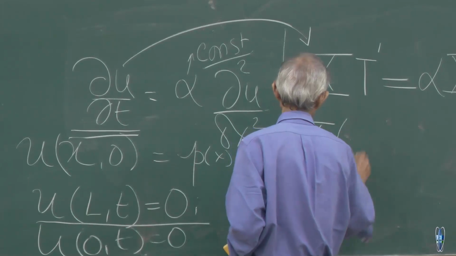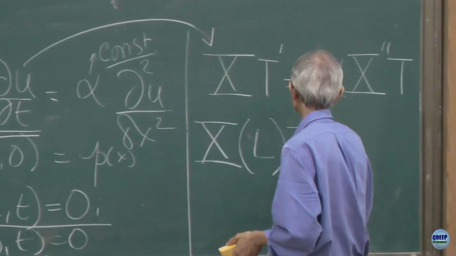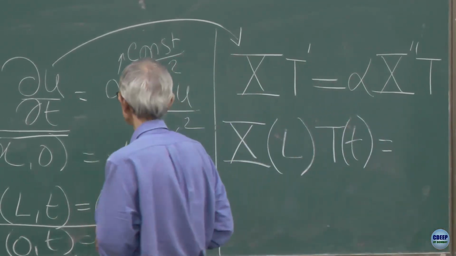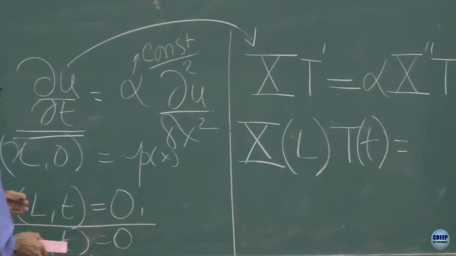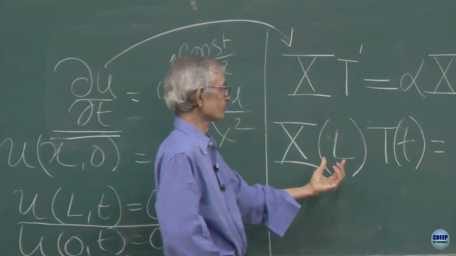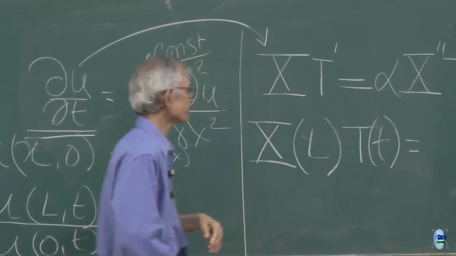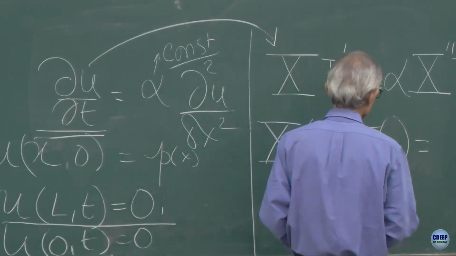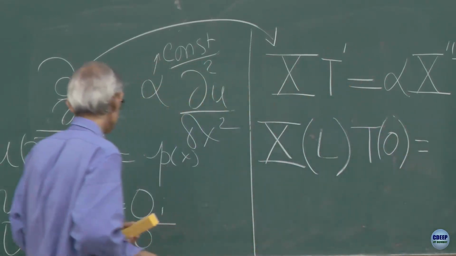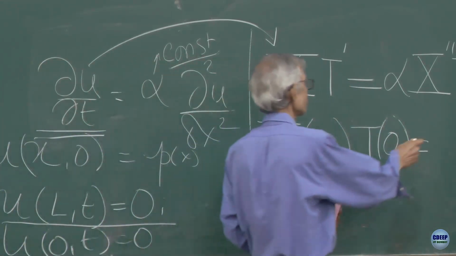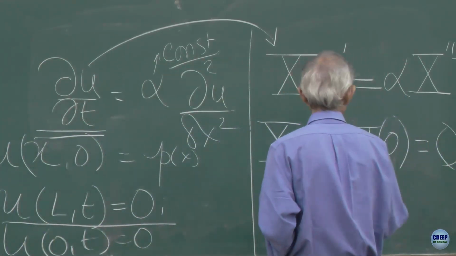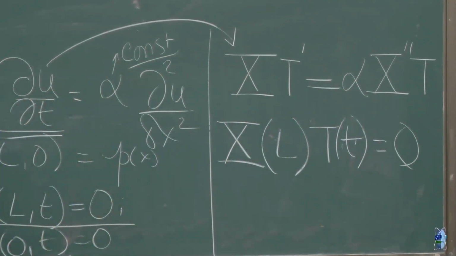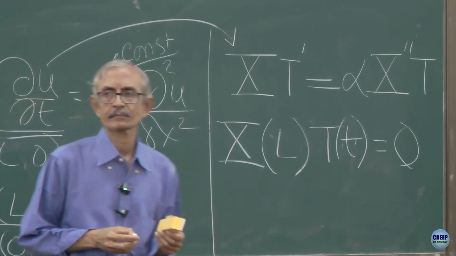So u at L and t is equal to X T. So X is a function of x only, so X at L, and T is a function of t only, so this is 0. Correct? This is given to be equal to 0 for me. Okay. This is at all times.